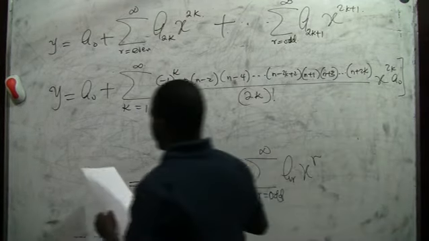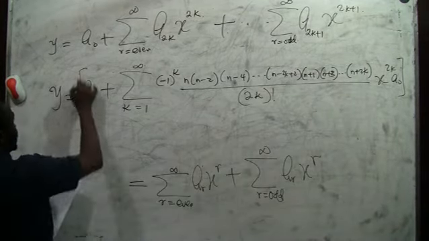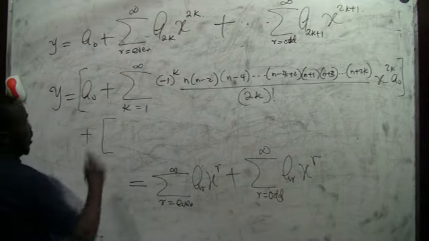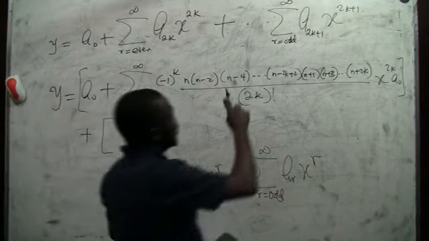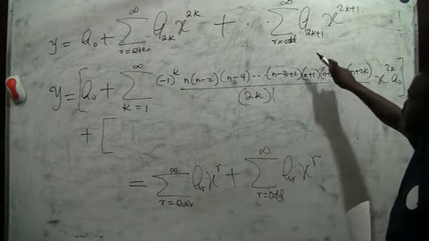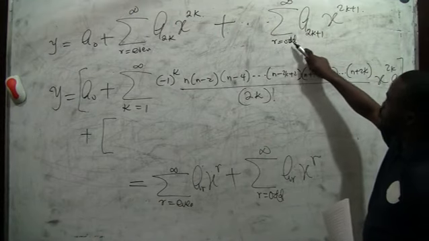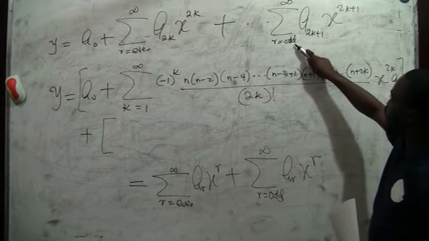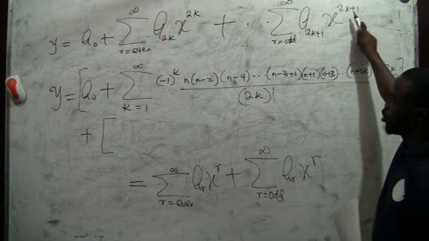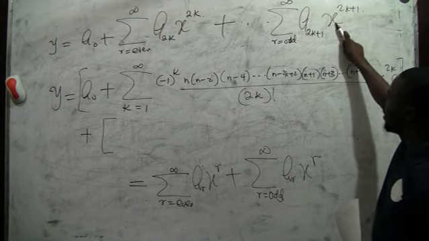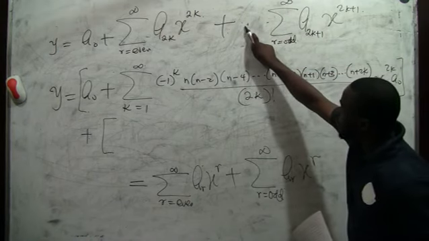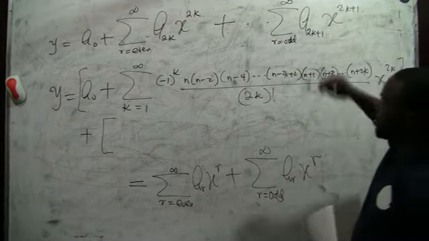Now the second one, plus. Erasing the first term here was deliberate so that I can explain what we have here. Odd numbers start with 1. If I substitute 1 into this point, I will have x raised to power 3. There is no x raised to power 1. So in that case, we need to move out x raised to power 1 first, then we generalize the remaining one.